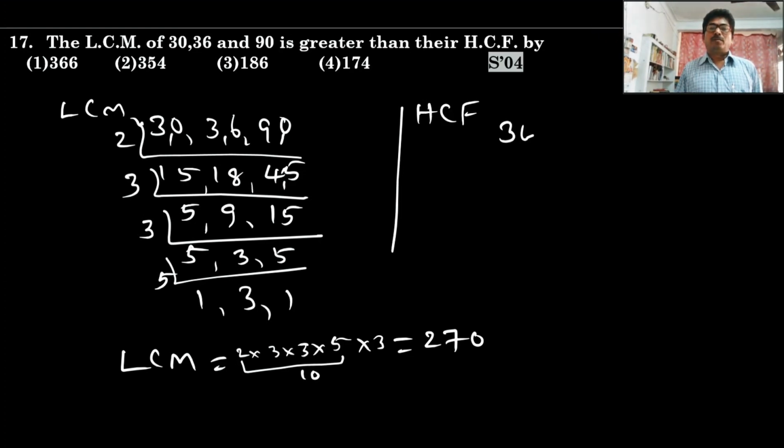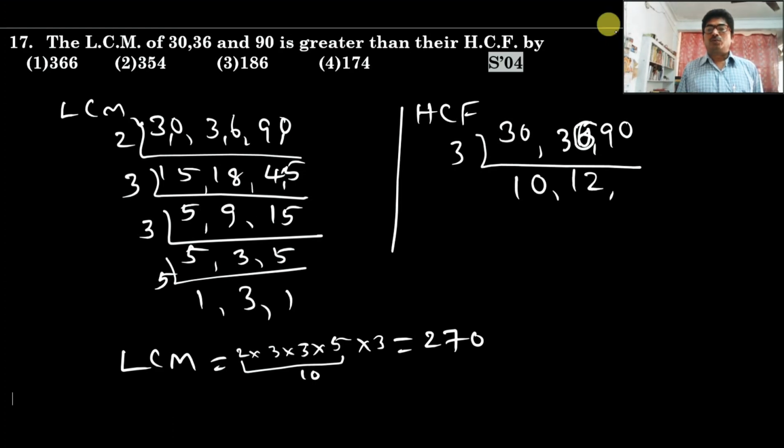HCF of 30, 36, 90. For the 3 table, 3 10s, 3 12s, 3 30s. Next the 2 table also. First we can divide with 2 or 3, no problem.